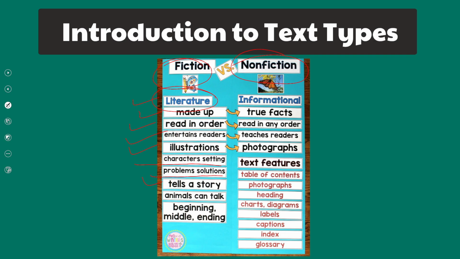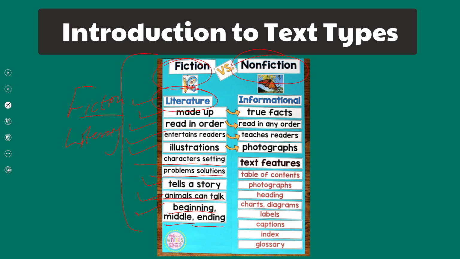It tells a story. Here you can find personification, which means animals or other non-living inanimate objects can talk. It has a beginning, middle and end, just like a story. So texts that are following these criteria, they are fictional and they are literary.